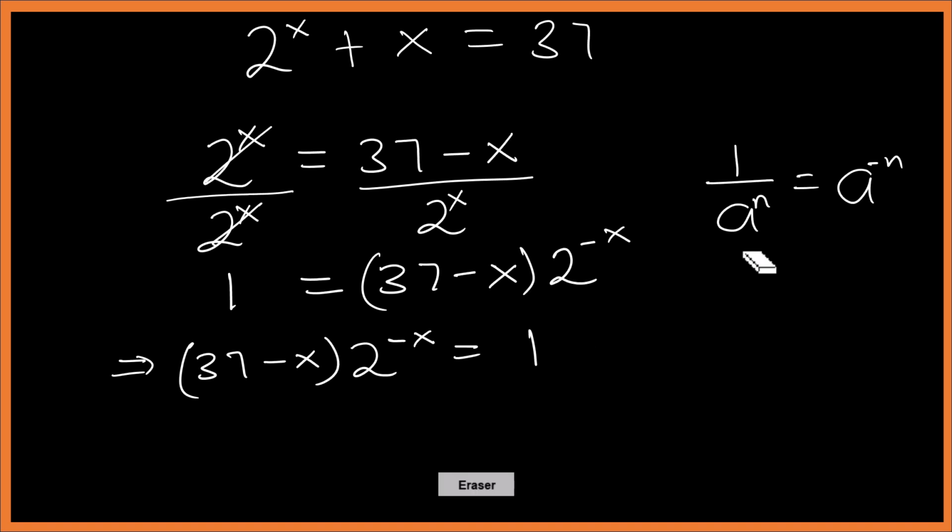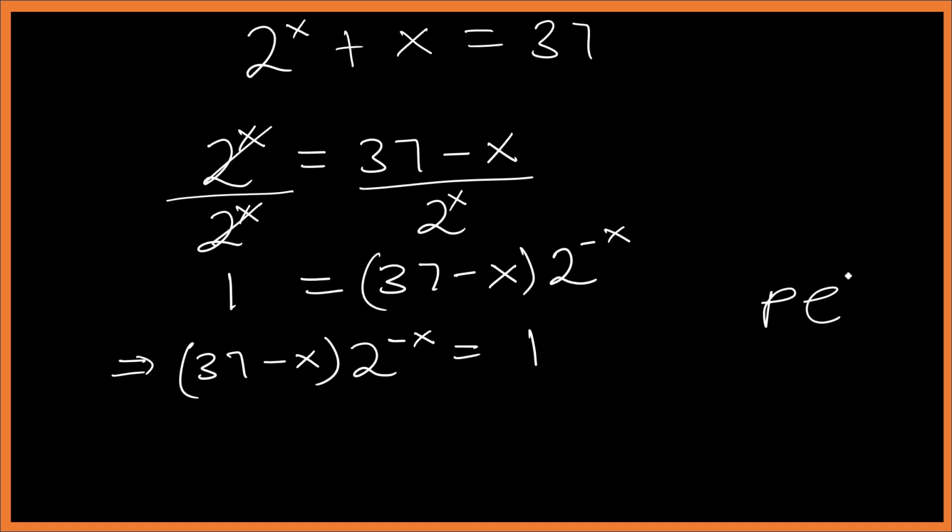Okay, now before we can complete this question, we need to apply the Lambert W function. Now when we're given p times e exponent p, and we take the Lambert W function of this, the answer is p.